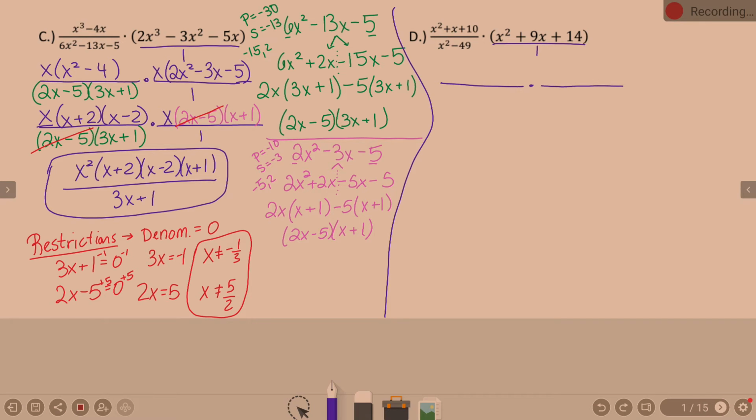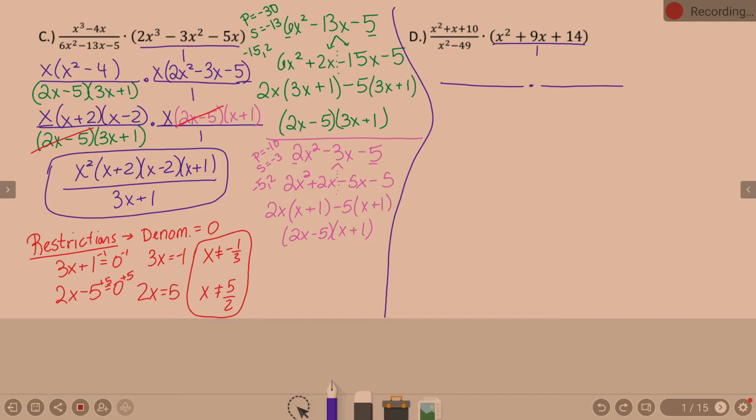What about x squared plus x plus 10? Is there GCF? No. So what factoring technique are we going to assume we want to use? Two parentheses thing, what I call product and sum.